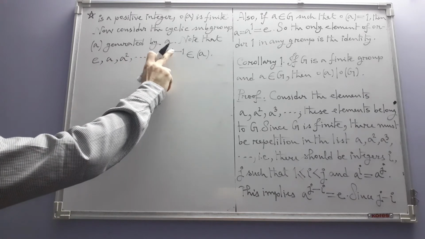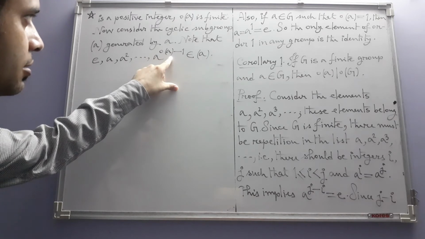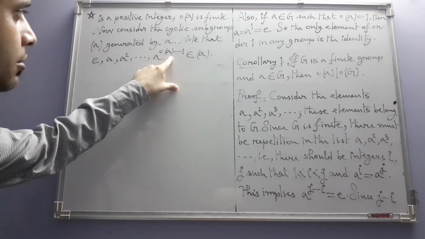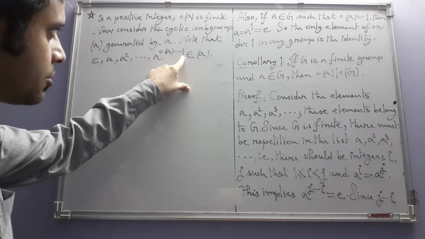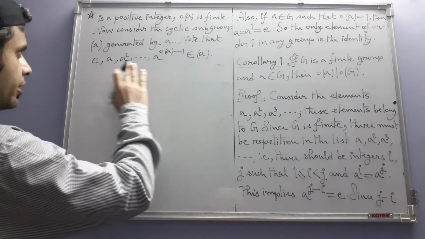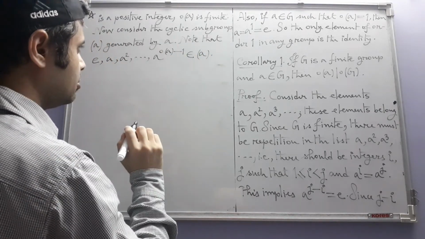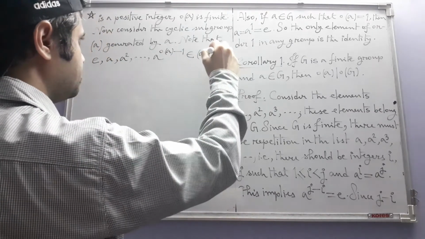This one is A to the power order of A minus 1. Since order of A is a positive integer, so order of A minus 1 is a non-negative integer. Okay, so these are non-negative integral powers of A. All of them belong to the subgroup.